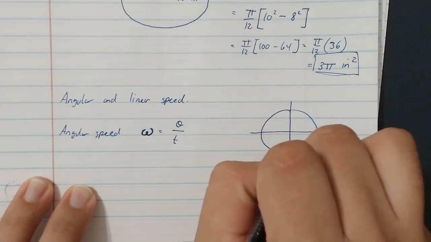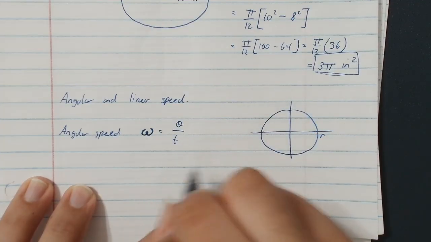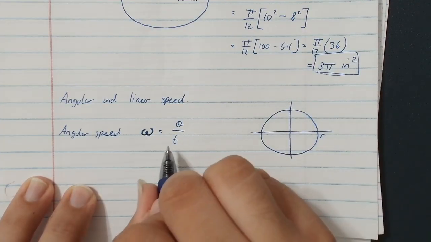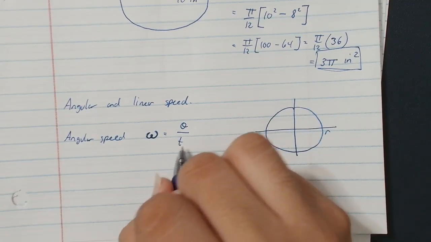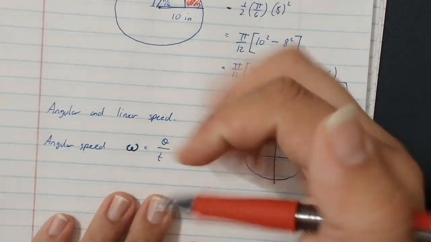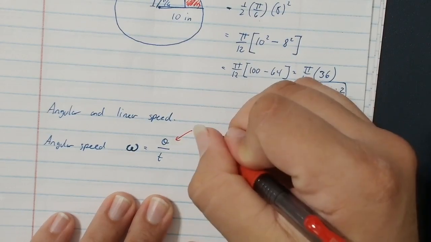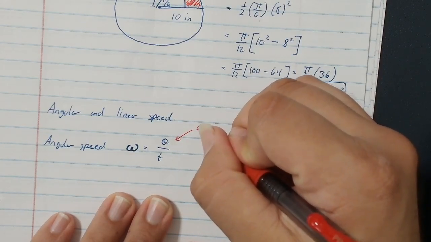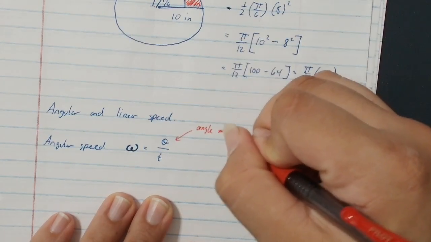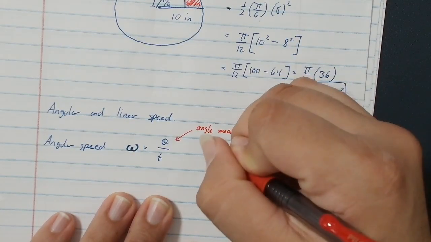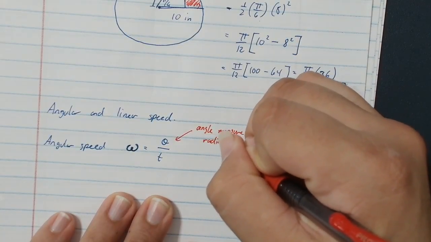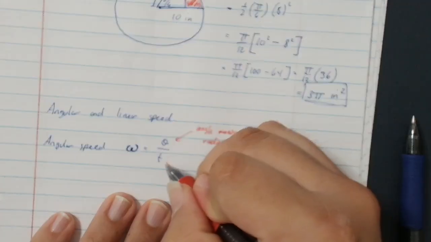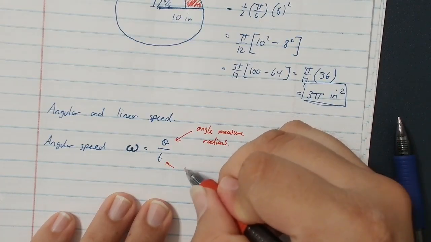It's that many radians in 1 second, or that many radians in 1 minute, or 1 hour, whatever your unit of time is. So here theta is an angle measure, and we're going to do this in radians, and t is your unit of time.